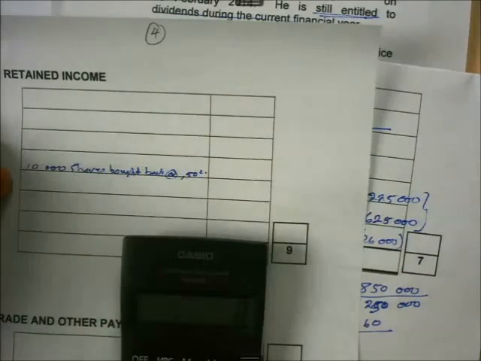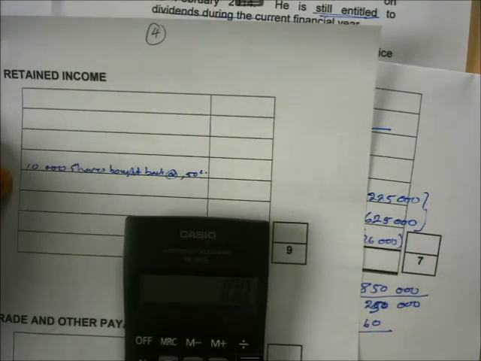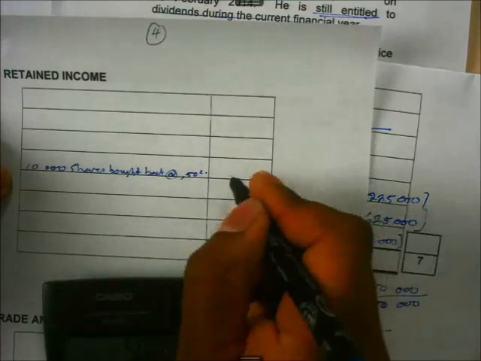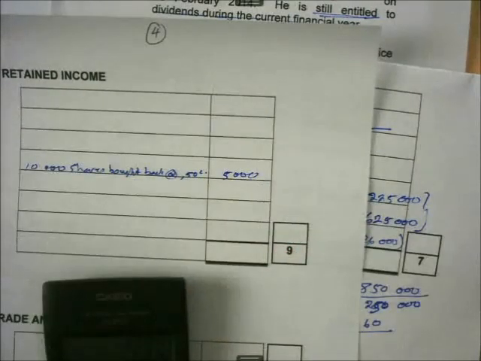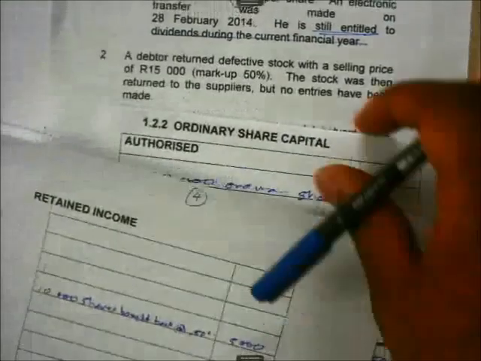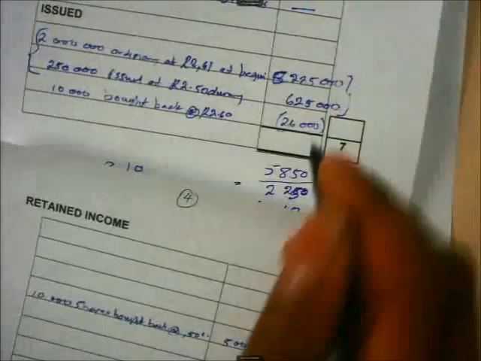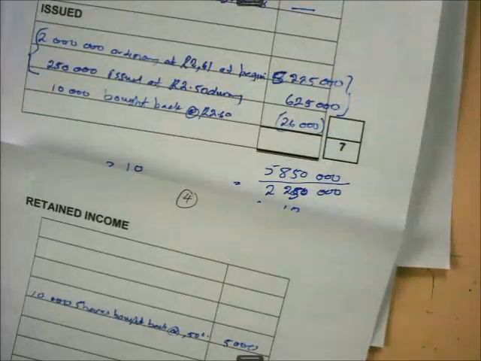Then you say 10,000 multiplied by 50 cent, therefore 5,000. What this simply means is that the retained income is going to decrease by 5,000 and the ordinary share capital is going to decrease by 26,000.